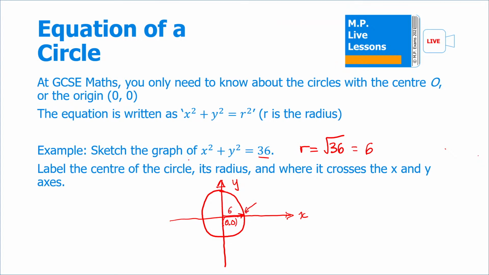To this point here, it crosses the x-axis at 6, 0, and also at negative 6, 0. So this would be 6 below the center and 6 above. So this would be 0, negative 6, and then this here would be 0, positive 6.